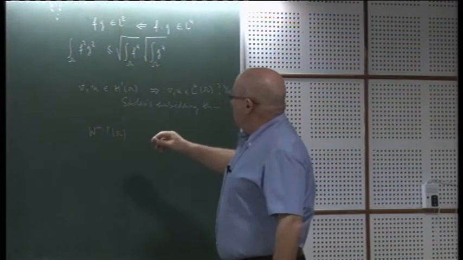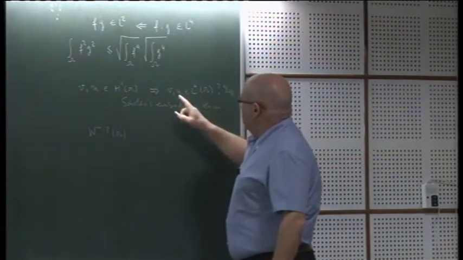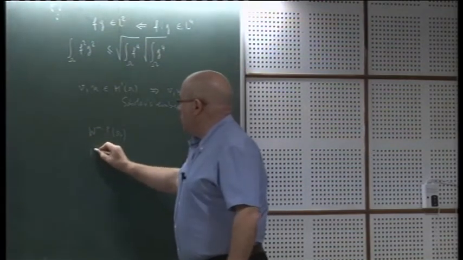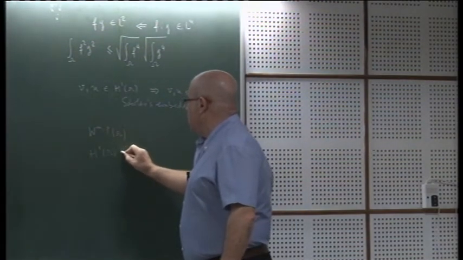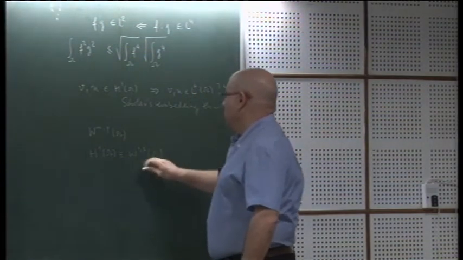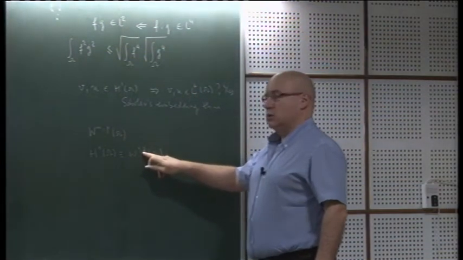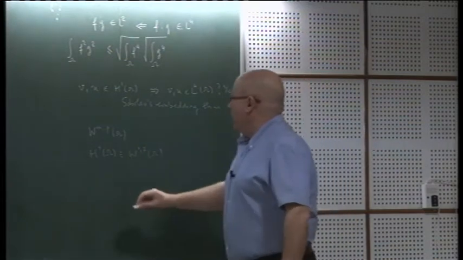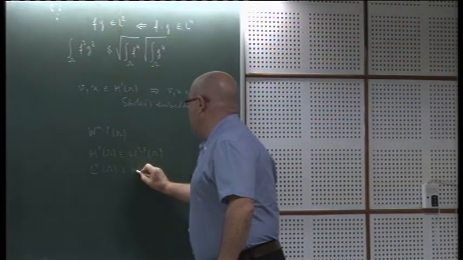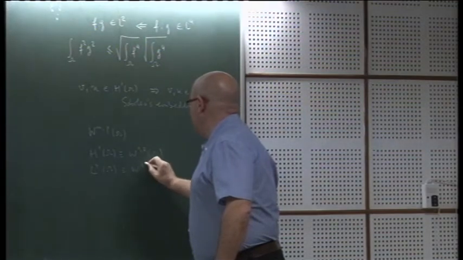For example, the question is between H1 and L4. H1 is exactly the same as W^{1,2}, so derivatives of order 1 belong to L2. And L4 is exactly the same as W^{0,4}.